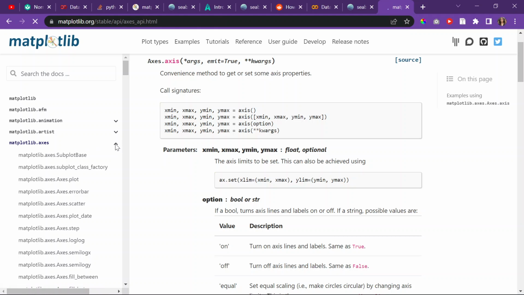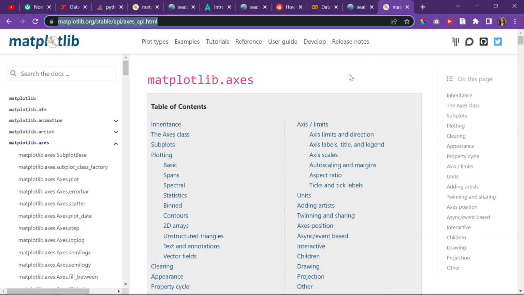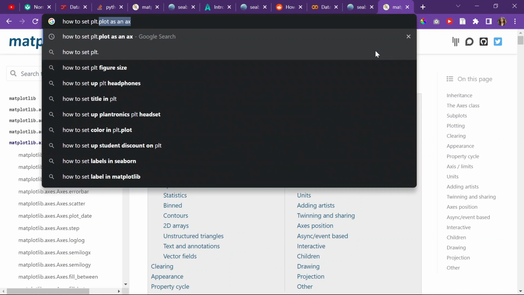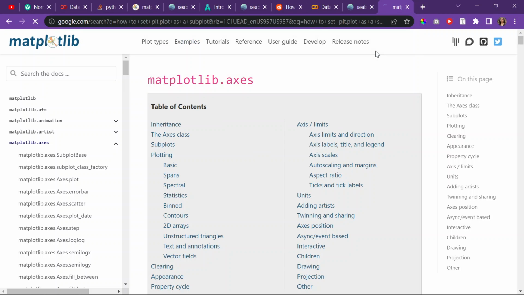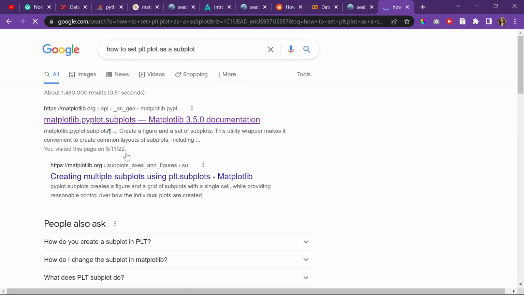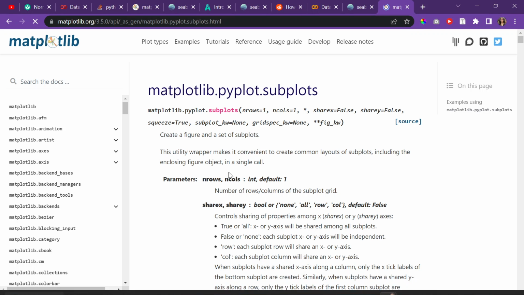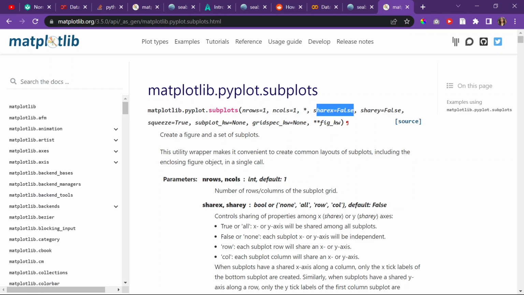Matplotlib axes. How to set plt.plot as a subplot. n rows, n columns, sharex, sharey, squeeze, subplot_kw=None.